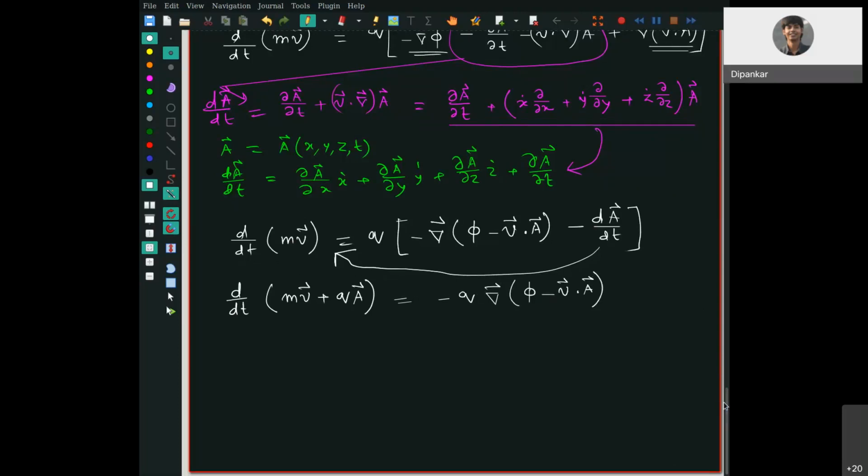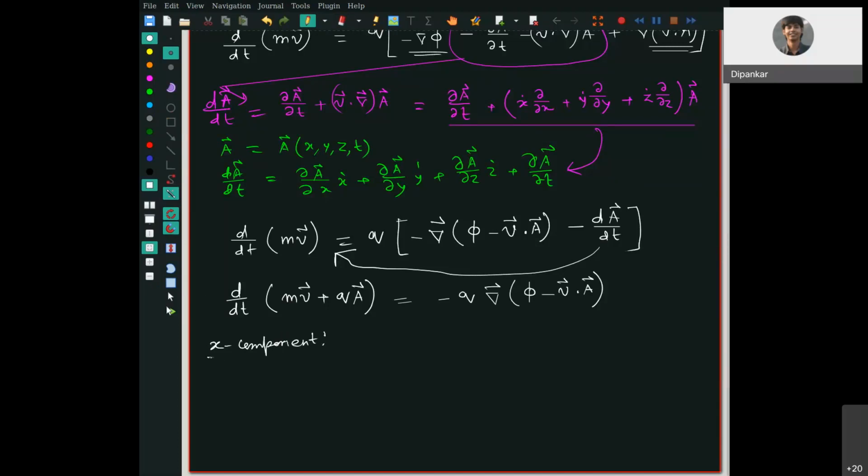Okay. So this is a vector equation. So this has three components. So the x component, y component, and z component. Okay. Let us focus on the x component first. And in general, it will have n components.